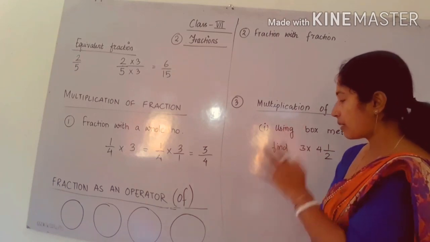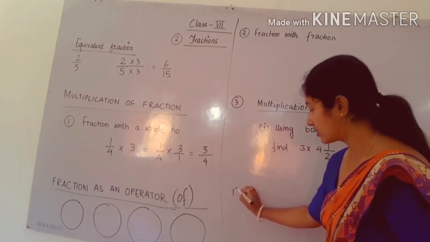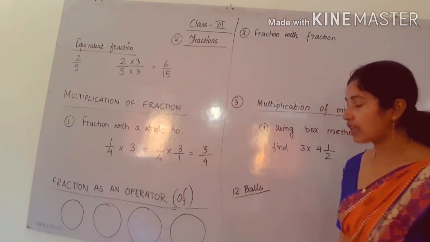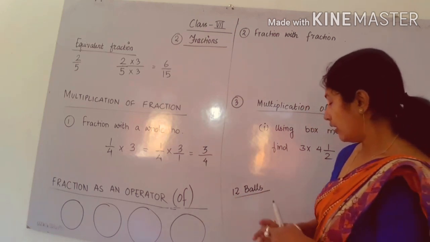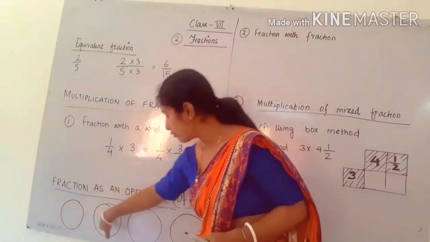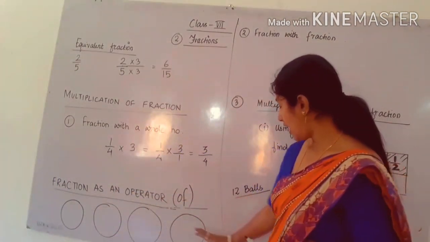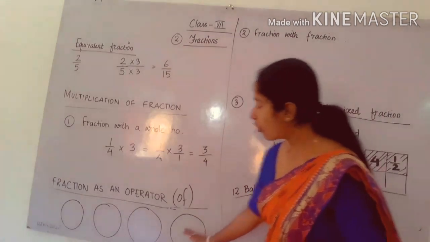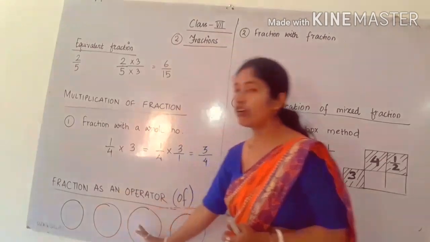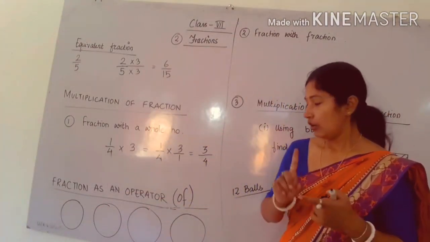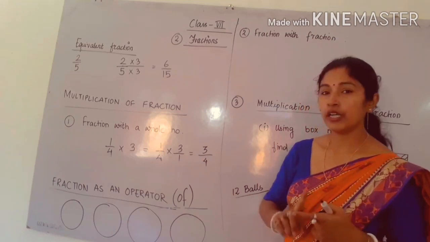So see, suppose you have 12 balls and you want to divide the 12 balls into 4 groups. I have made 4 circles, so I want to distribute the 12 balls into 4 equal groups. What is the meaning of 4 equal groups? That means each group should have an equal number of balls.